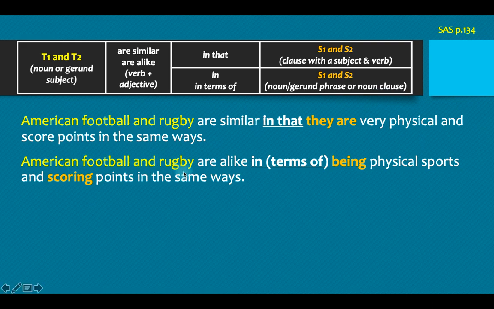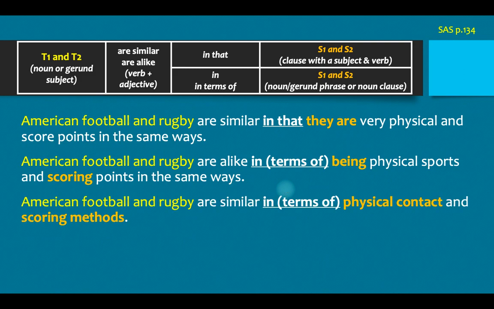American football and rugby are alike in, or in terms of, being physical sports and scoring points in the same ways. So here I'm using gerunds, being and scoring. Or I could do it with just nouns, are similar in terms of physical contact and scoring methods.